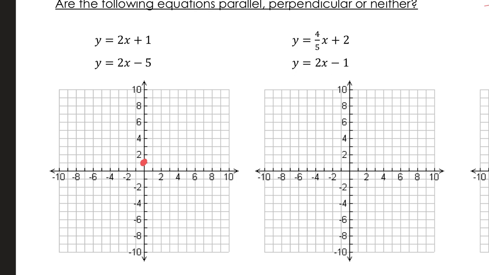And from there, my slope is 2, so that tells me I'm going to go up 2, and it wasn't divided by anything, so over to the right 1. Continue that as far as you possibly can until you run out of graph. Since I ran out of graph, I'm going to go the other way as well. I'm going to go down to left 1 as far as I possibly can go. Down to left 1, down to left 1. And I'm going to make my line.